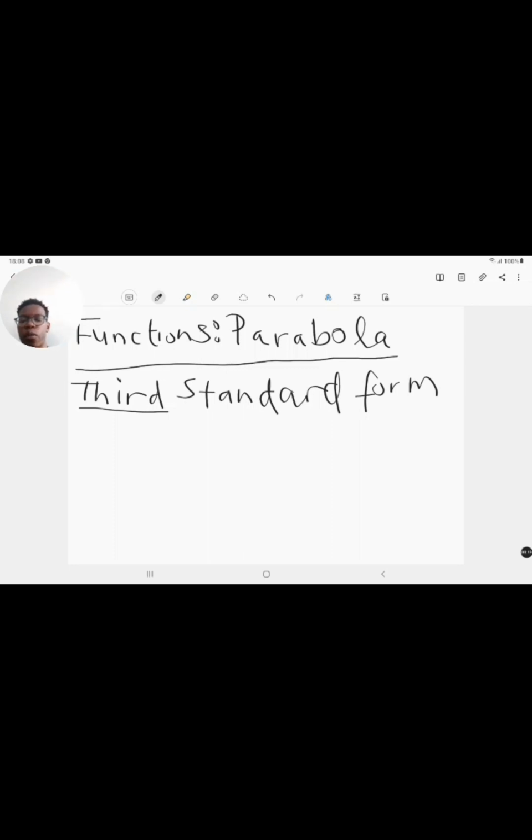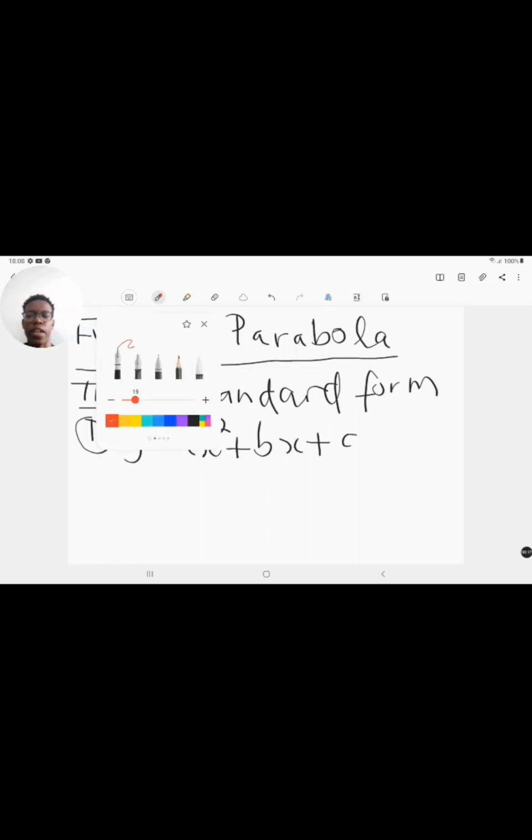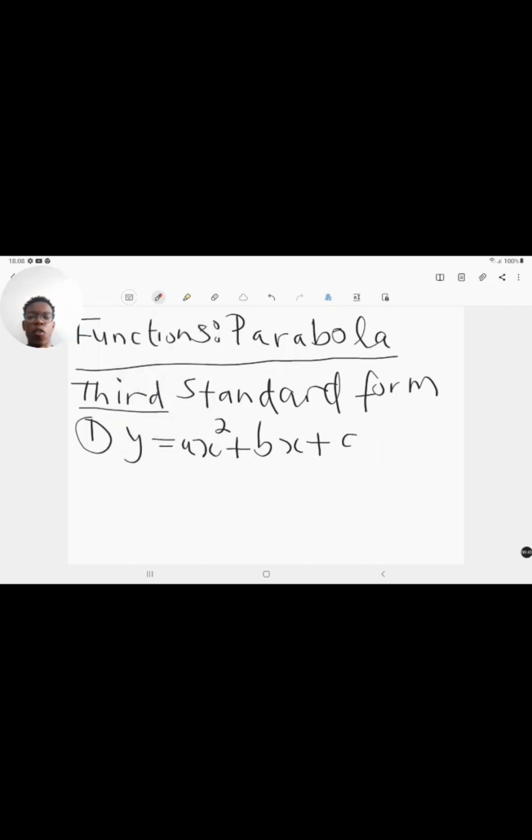You will remember from the preceding videos that we looked at two standard forms. The first standard form that we looked at was y is equal to ax squared plus bx plus c, and we mentioned that the advantage that this standard form has over the other two is that you can immediately tell what your y-intercept is, which is c.